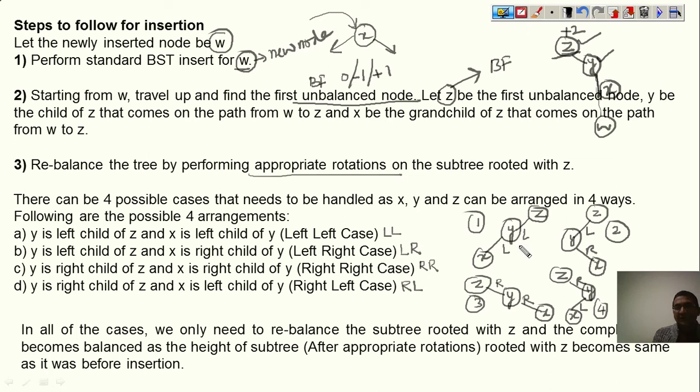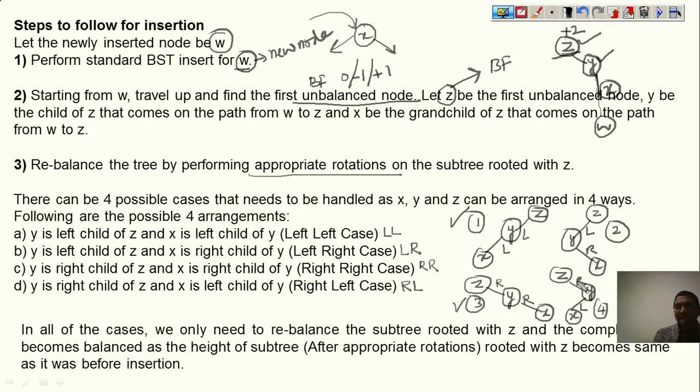Now one thing to keep in mind: normally when we fall in case 1 or case 3, that is the left left case or right right case, usually one rotation is enough to fix our tree and make it balanced. But when we have the left right case or right left case, we generally need 2 rotations to make the tree balanced.